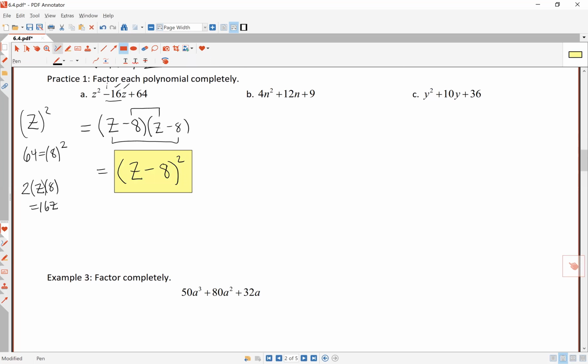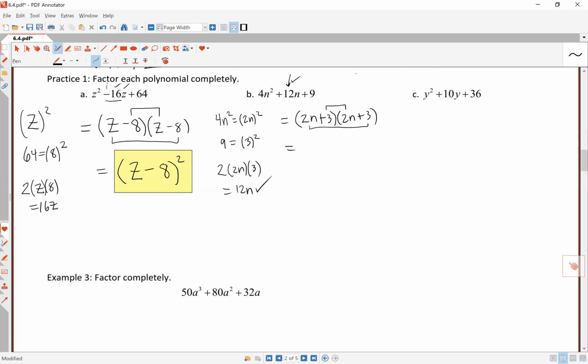That means this is 2n plus 3 times 2n plus 3. We check this. 2n times 3 is 6n plus another 6n, which is 12n. So this is, in fact, a perfect square trinomial, and we write it as the square of the binomial.